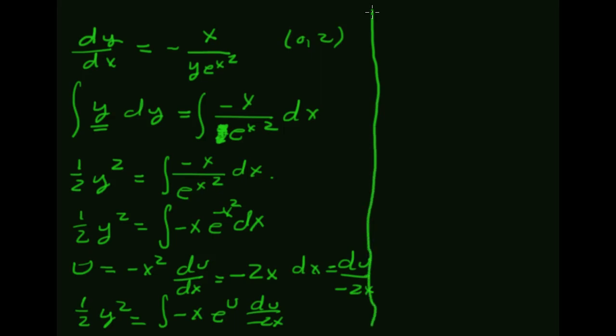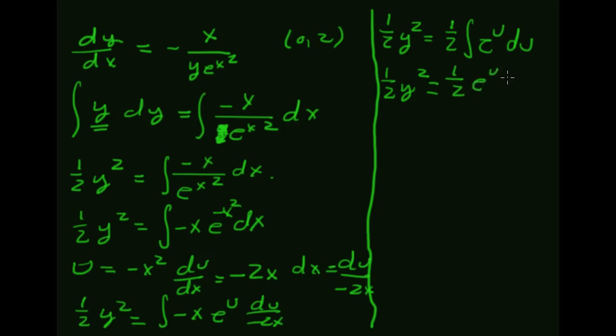Let's get a little bit of room here. I have 1/2 y squared is equal to the 1/2 integral of e to the u du. So 1/2 y squared is 1/2 e to the u plus c.